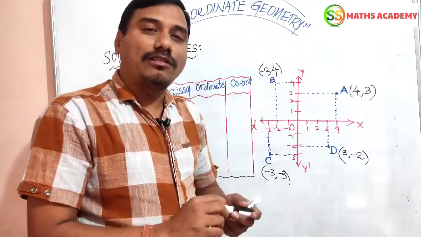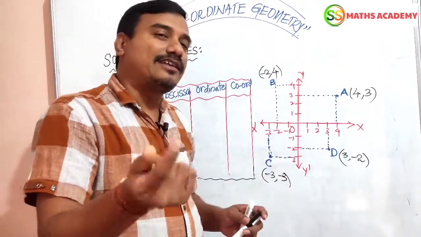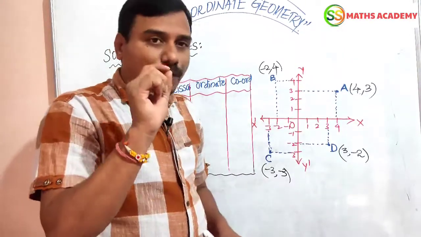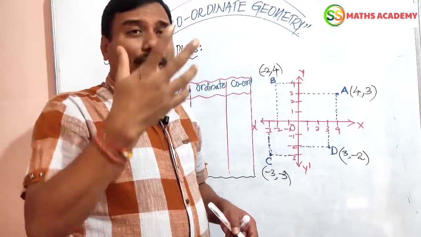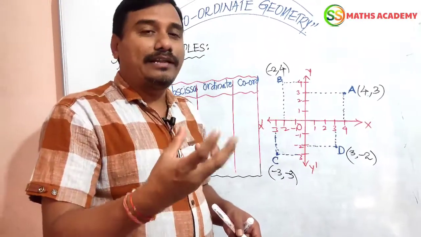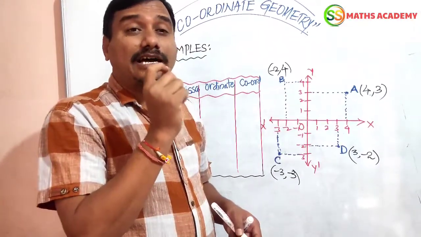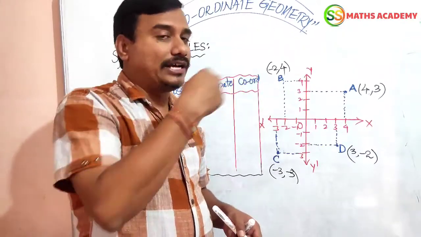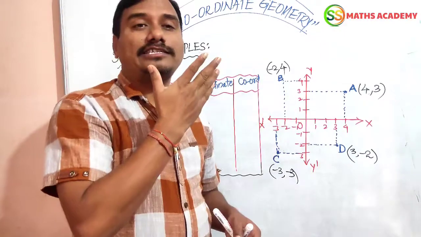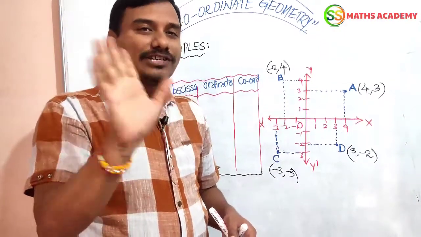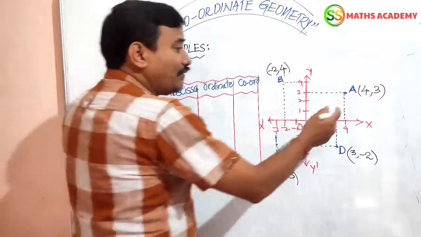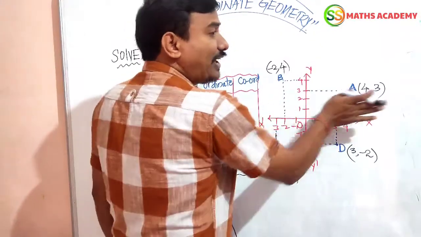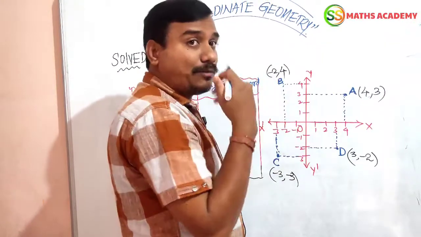After writing all the ordered pairs on the graph paper, you can write the abscissa and ordinate values, very easy. Before that, I want to tell you one important note. For any point in a Cartesian plane, the distance of a point P from the x-axis is called the y value, and from the y-axis is called the x coordinate. Here, for point A, from the y-axis I first find the x value.